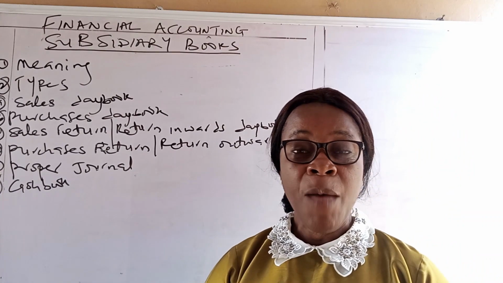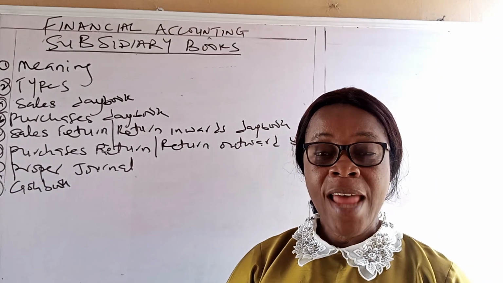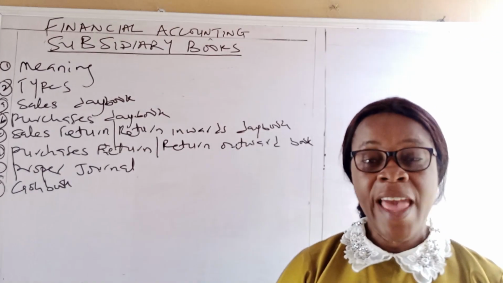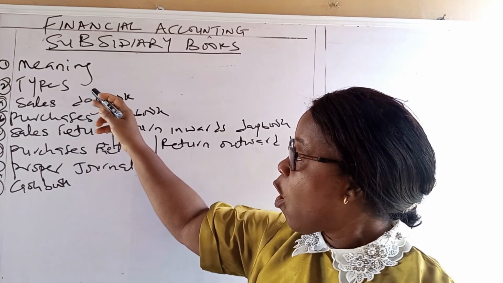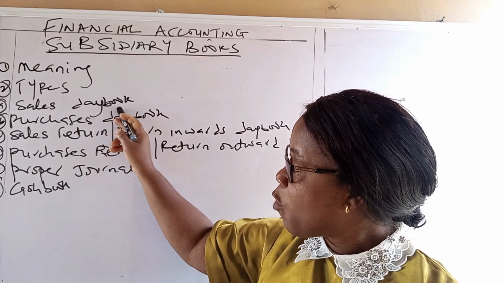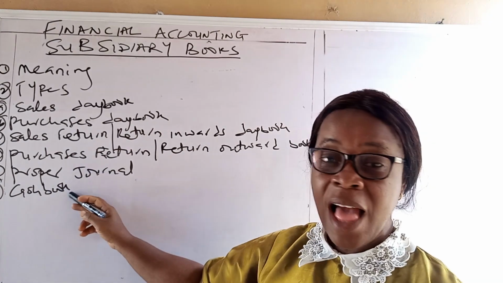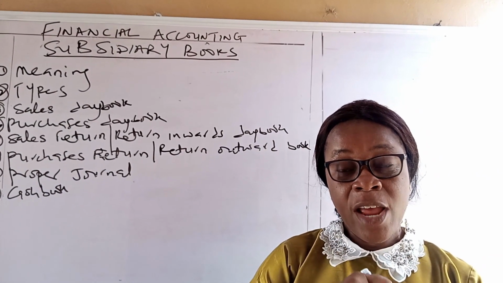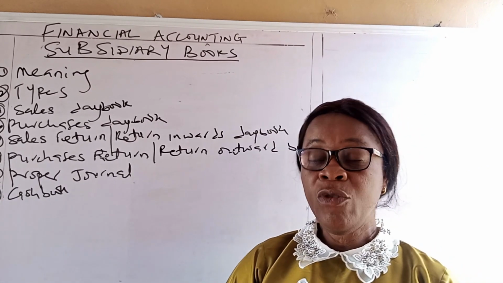Now the next type of subsidiary book we are looking at is the proper journal. Proper journal is a book of original entry in which all transactions that cannot fit into the sales day book, purchase day book, sales return, purchase return and cash book are recorded before posting into the ledger.